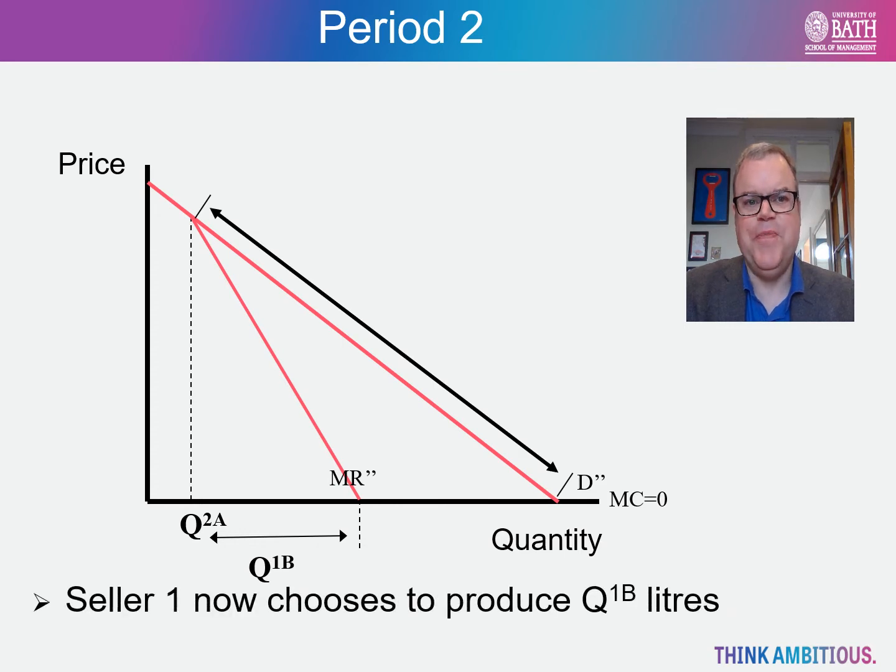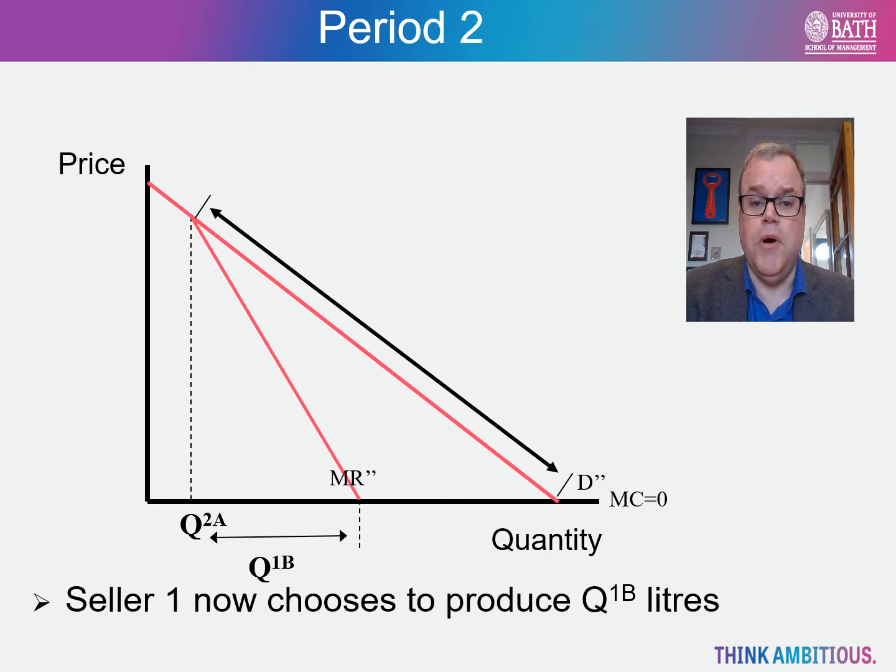In period 2, seller 1 once again has to decide how much water to sell, but this time he realises that he now faces a rival, which we know as seller 2. Given that seller 1 observed that seller 2 sold at Q2A litres, he bases his expectations of the size of the residual demand curve now facing him on that basis, i.e. he conjectures that the second seller will sell Q2A units of output in period 2 as well.